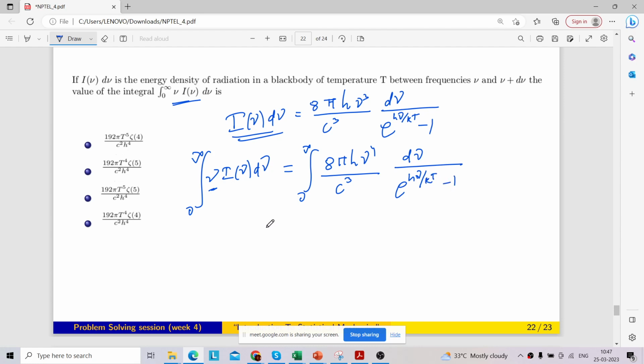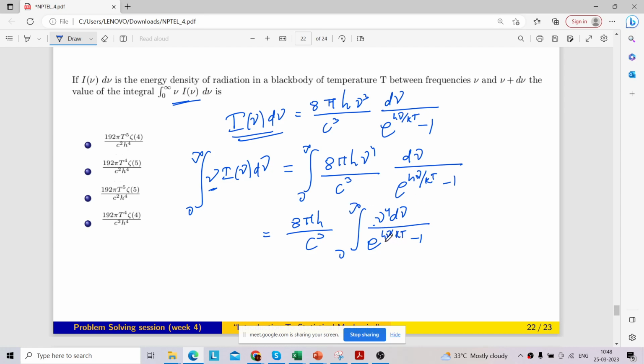We can take all the constants outside. So I have 8 pi h over c cube, then the integration over nu to the power 4 d nu over e to the power h nu over kT minus 1 from 0 to infinity. So I have to do this integration.